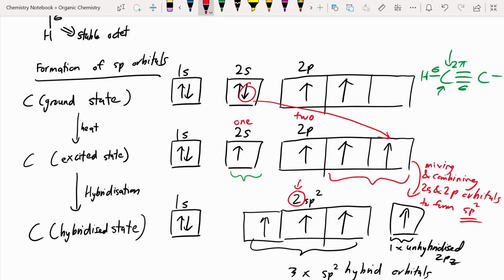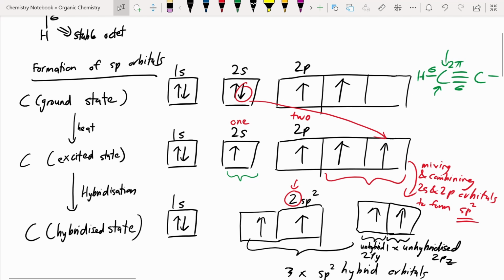These 2 being unhybridized means that you also have an unhybridized 2py orbital right here.